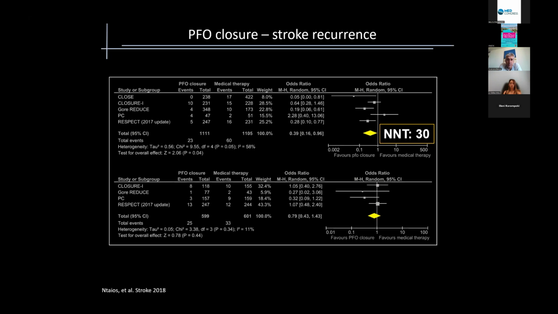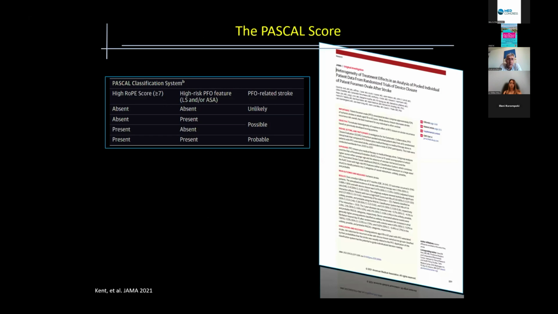So these are the two parameters that we would like to keep in mind when assessing a patient with a PFO, that is the patient and the PFO. And if you combine those, then you get this classification that was introduced a few years ago, the PASCAL classification, which takes into consideration both of those parameters.